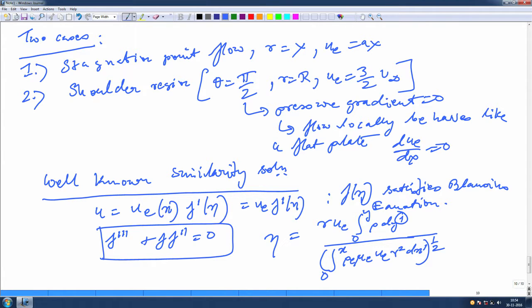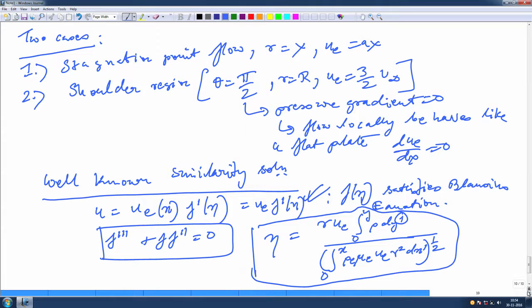So, that is how eta is actually defined, right. If you are not getting the feel of these similarity solutions, you just have to recap your flat plate. But this is basically a similarity solution and you know what similarity transformations are. So, we are not going to spend time on that. If you have learnt your fluid mechanics, you already know what similarity transformation exactly means.